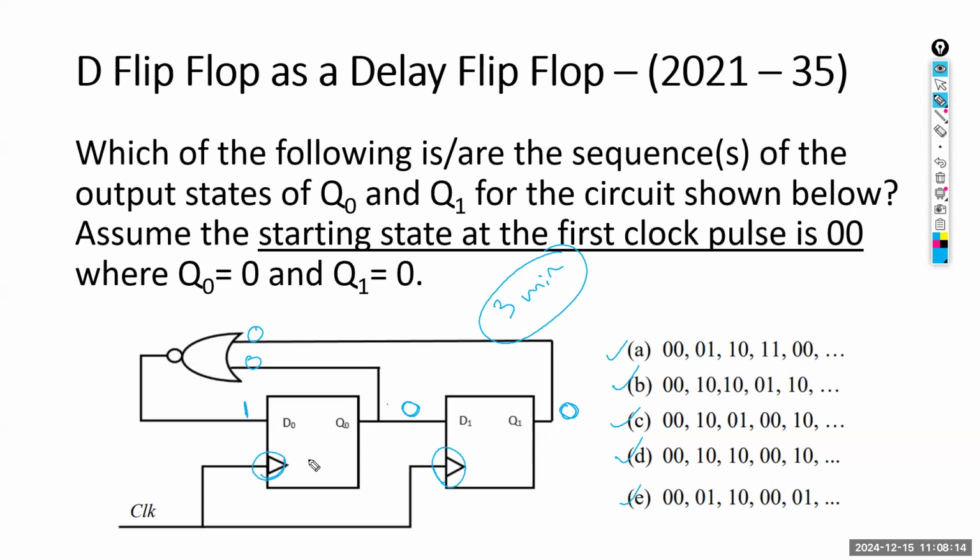Then think about the output for the next clock cycle, because you know how the D flip-flop works. Output follows input. When D is 0, Q is 0. When D is 1, Q is 1 for the next clock cycle. Your output follows input, but after one clock cycle.